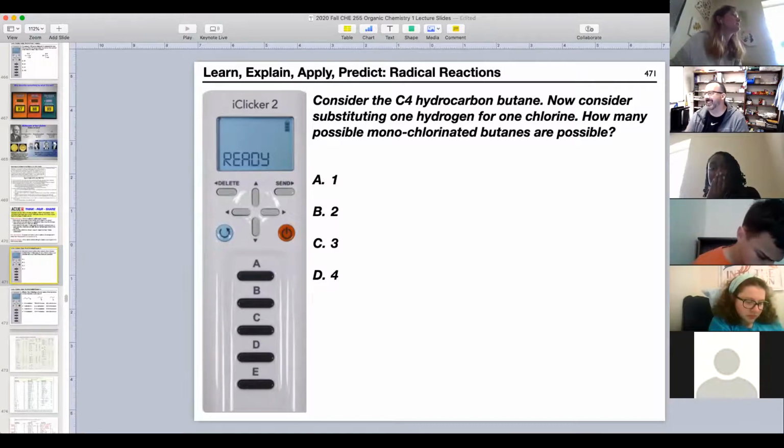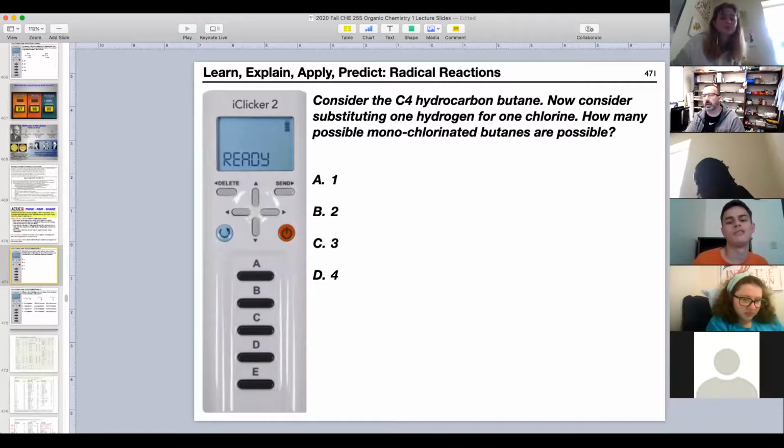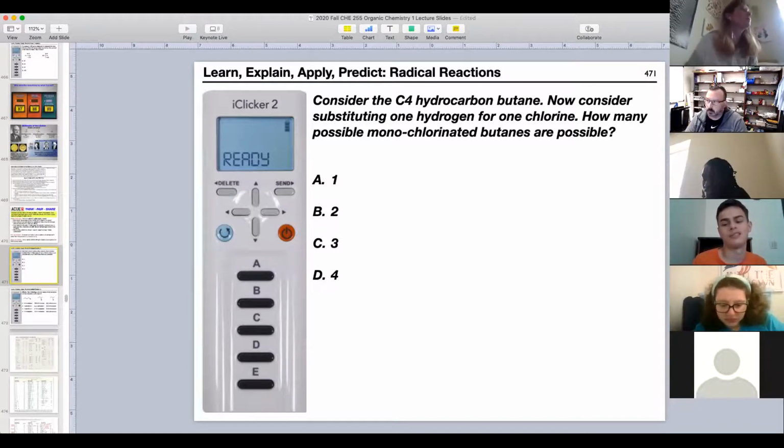Again, just because we finished module 3 doesn't mean you can flush that information down the mental toilet. You still have to retain it. What's the names of your 2 initial products? What are their names? So 1-chlorobutane and 2-chlorobutane.